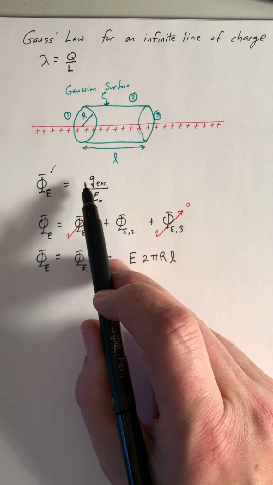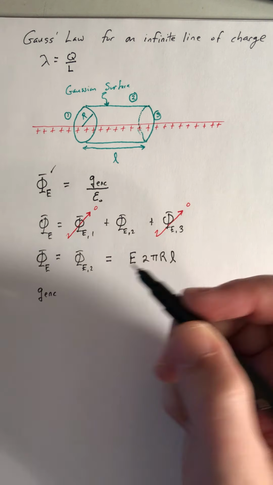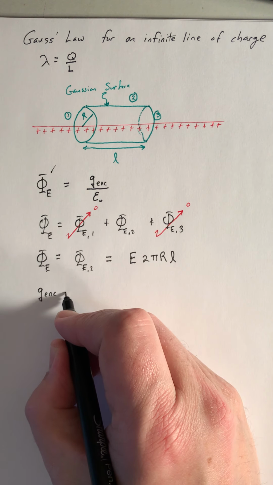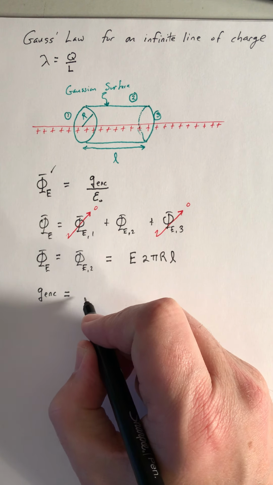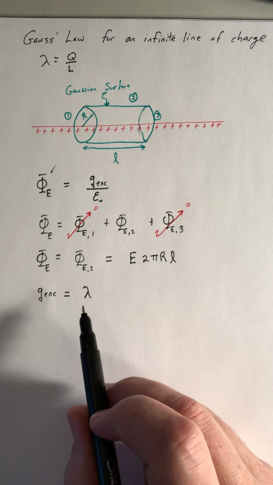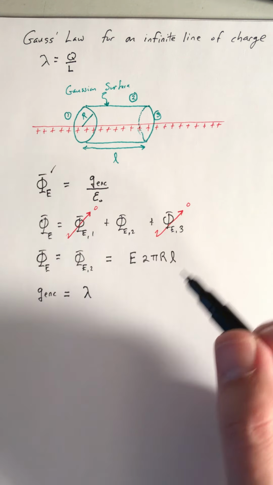Now we need to think about what goes in the right-hand side. So we need to know how much charge is inside our cylinder. Well, that total charge is going to be our strength of our line charge, lambda, times L.